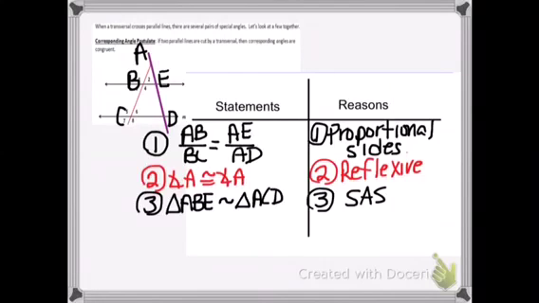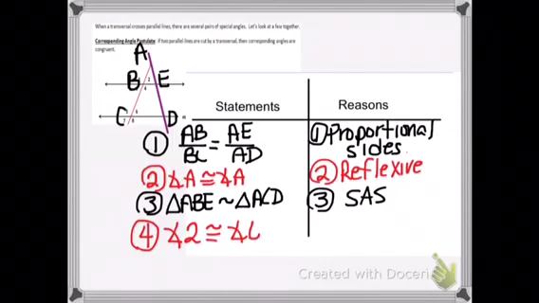And so the last thing is I know if I have similar triangles, then the corresponding angles are going to be congruent in those. So we would say angle 2 is in the lower left, and it's going to be congruent to angle 6, which is in the lower left of the larger triangle, because they're corresponding angles in similar triangles.